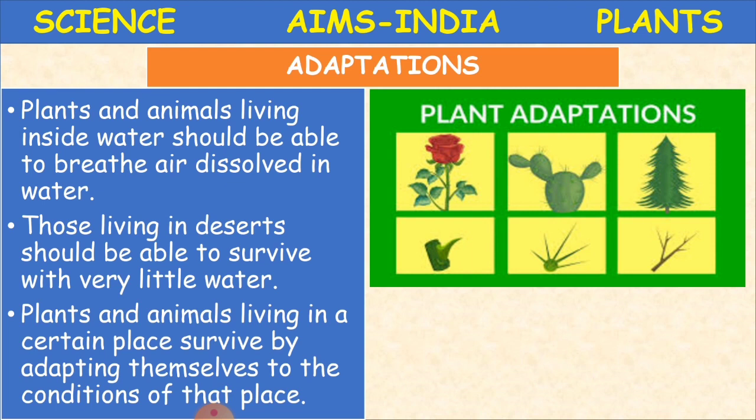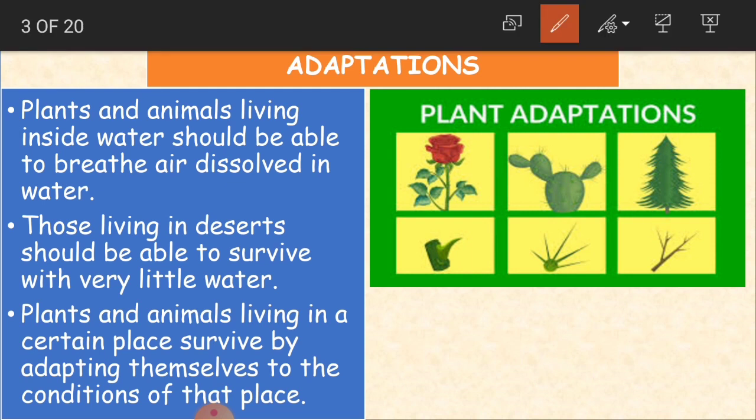So here, for example, plants and animals living inside water should be able to breathe air dissolved in water. Before I said that plants grow in soil. Not only in soil, plants also grow in water.